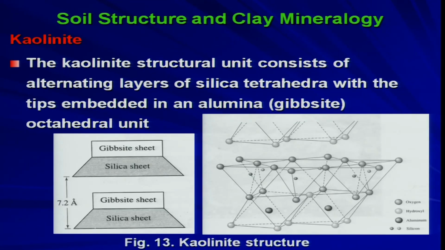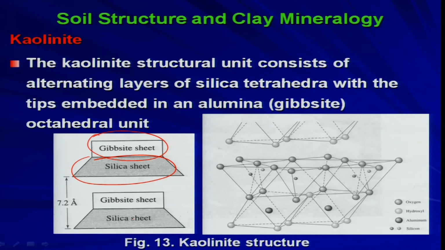If you look at this structure, as we just discussed, you have one silica unit here and one gibbsite sheet. So, these two sheets basically will form the kaolinite structure. Similarly, at the bottom you have the gibbsite sheet and silica sheet, and so on, and all the sheets will be stacked together to form the kaolinite structure.